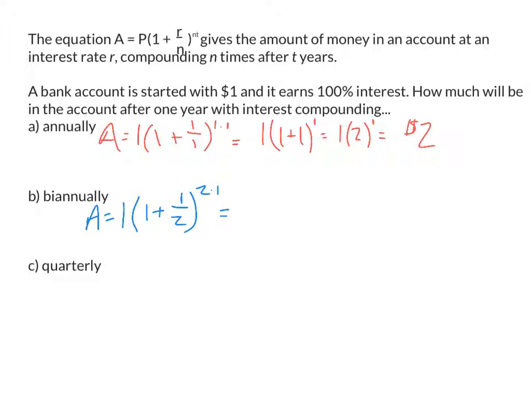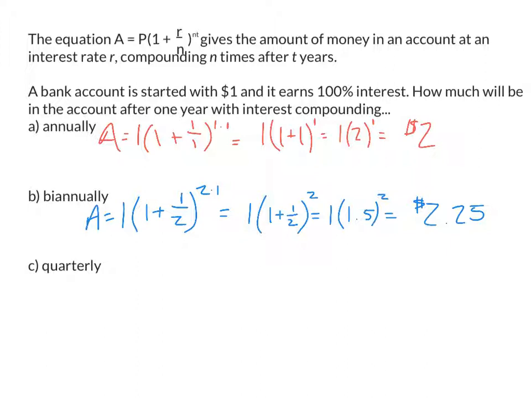Okay, so we're going to have 1 times 1 plus a half to the second power, or maybe we're looking at this as 1 times 1.5 squared. If we do 1.5 squared, we get 2.25, and we take that times 1, so it's going to be $2.25. So by doing it biannually, we've made ourselves an extra quarter.